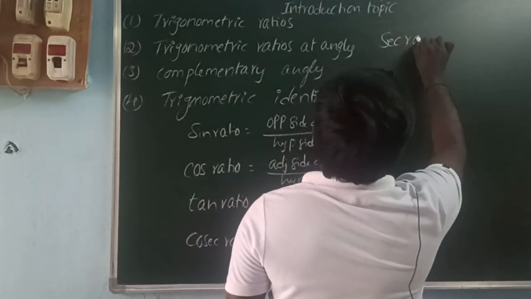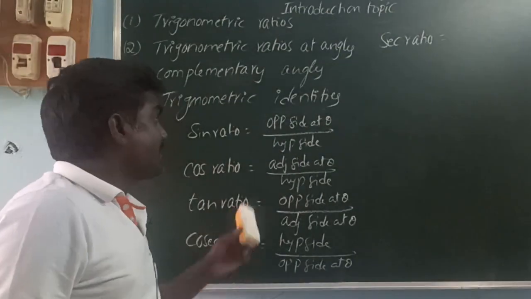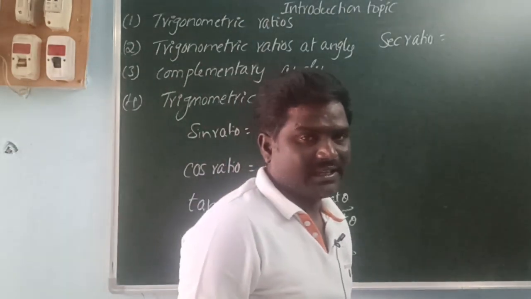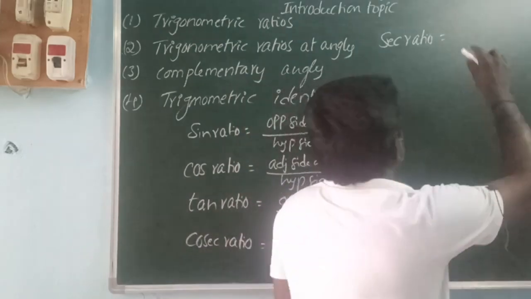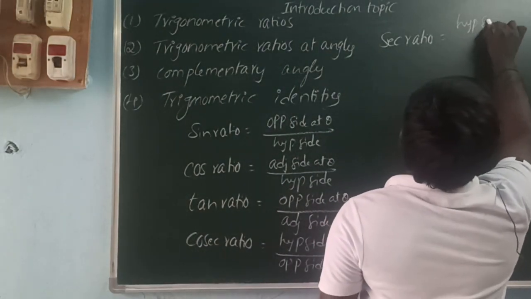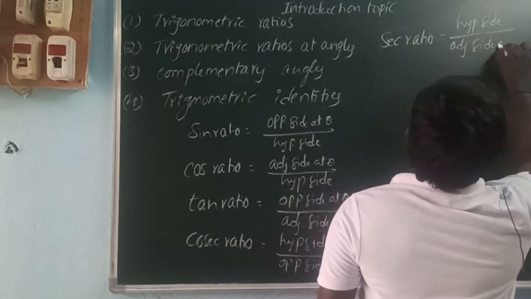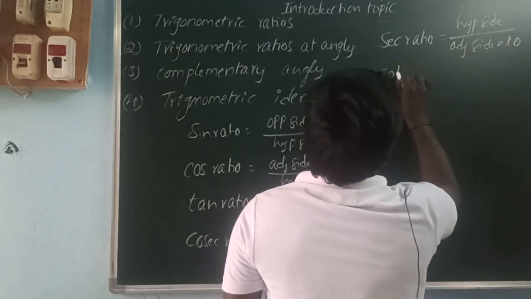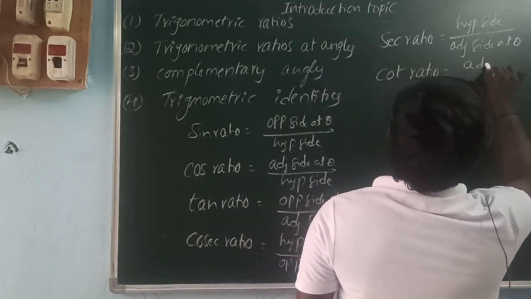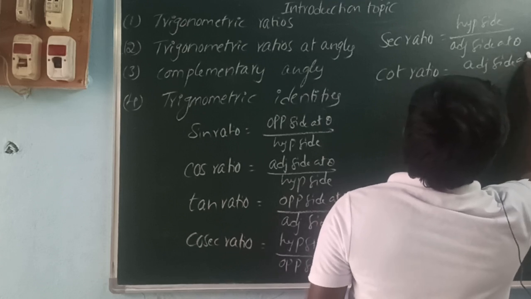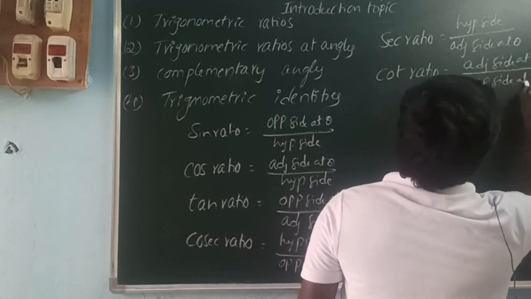Secant ratio is what? Secant, in a circle, means a line passing through a circle and meeting at 2 points. Here, hypotenuse side by adjacent side at the given angle. Cot means cotangent. That is adjacent side at angle by opposite side at angle.